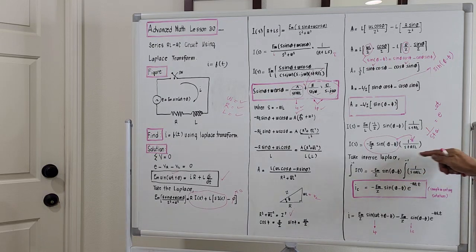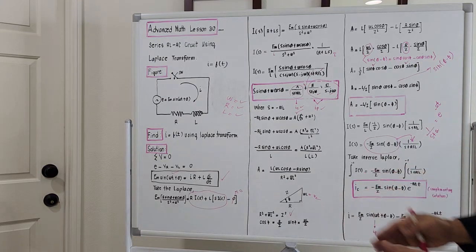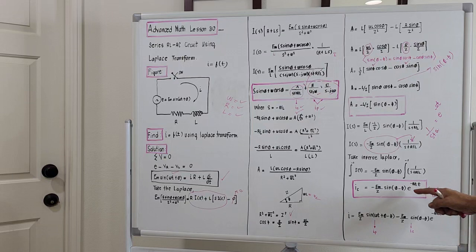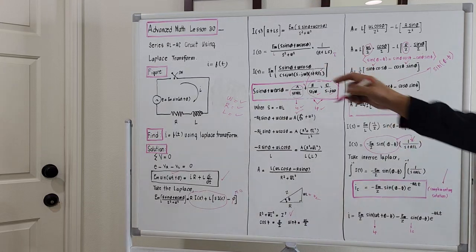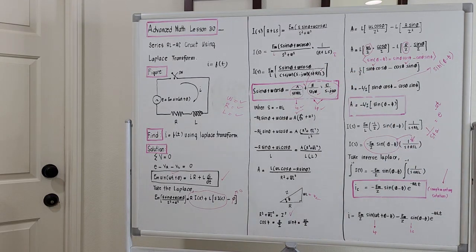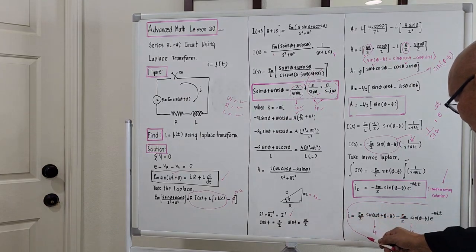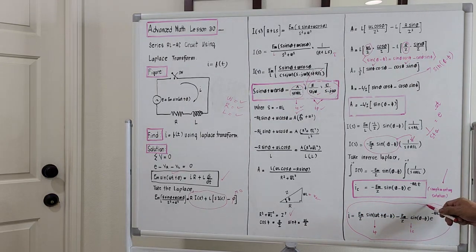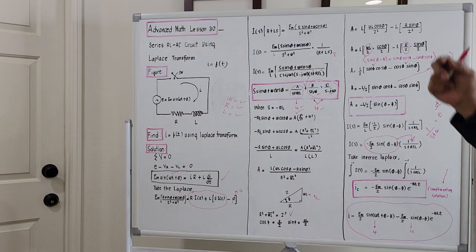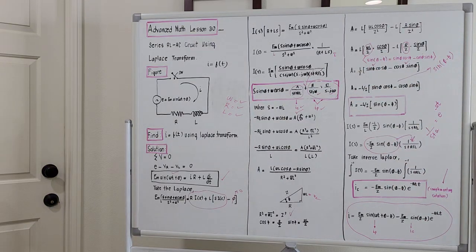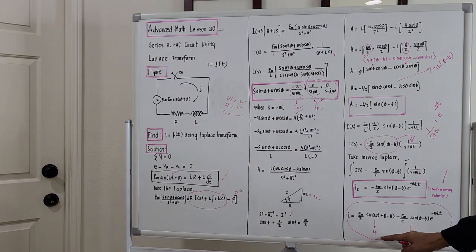The Laplace transform equivalent of this, if you go back to your Laplace transform table, will be E raised to negative R over L times t. This is actually the complementary solution of I as a function of time. Because if we try to recall the total solution for RL AC, this was the solution from the classical solution, that is I particular plus complementary.